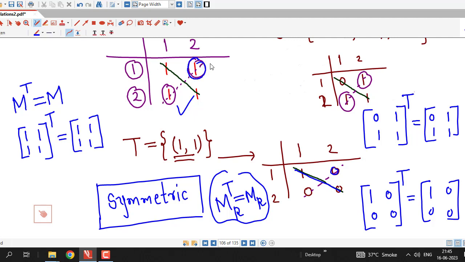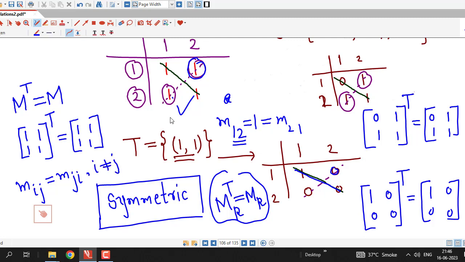For example, this entry is in first row and second column, so I have m12 equal to 1, and if I change the order here, then I have m21, so m21 is also 1. So in general, if our relation is symmetric, then the relation matrix satisfies this property: the ijth entry of the relation matrix and the jith entry are always the same if i and j are different, and we don't have to worry about diagonal entries.